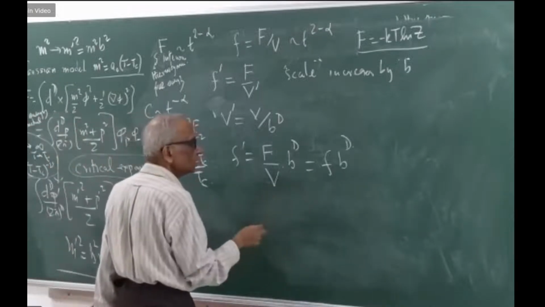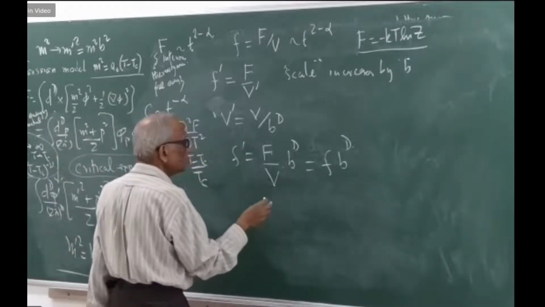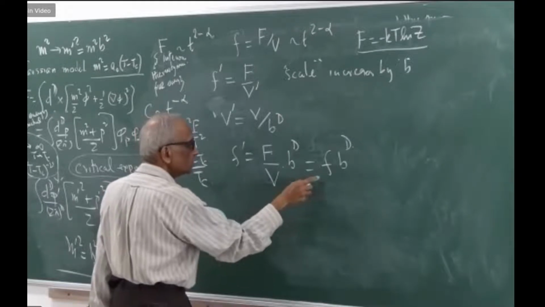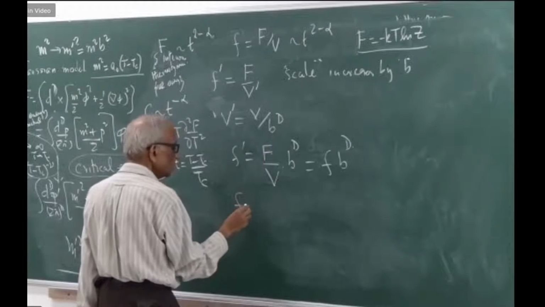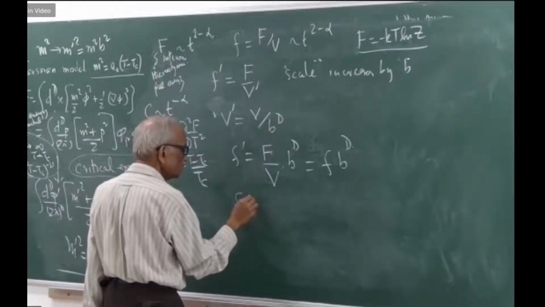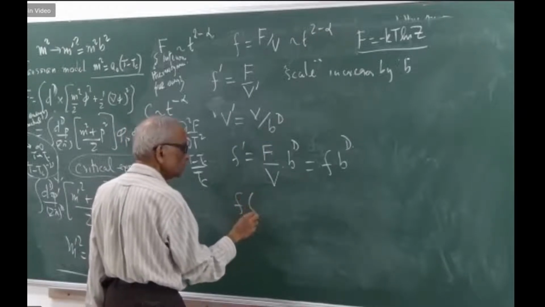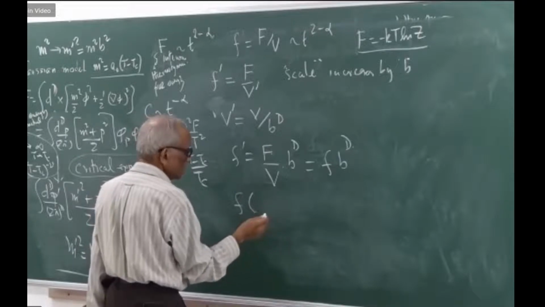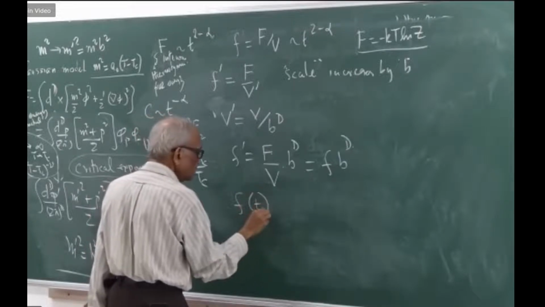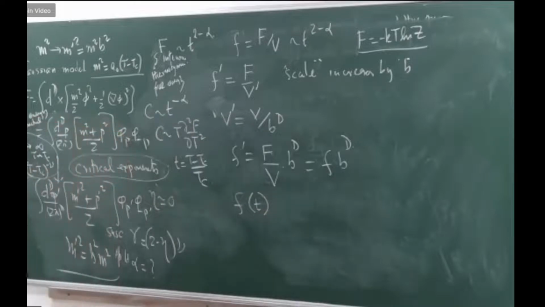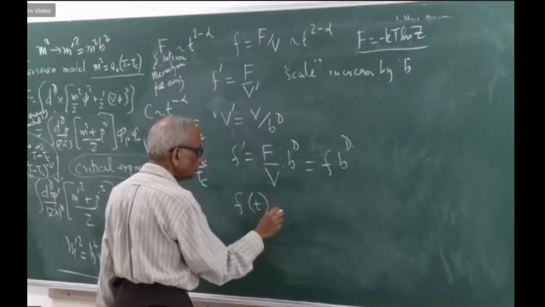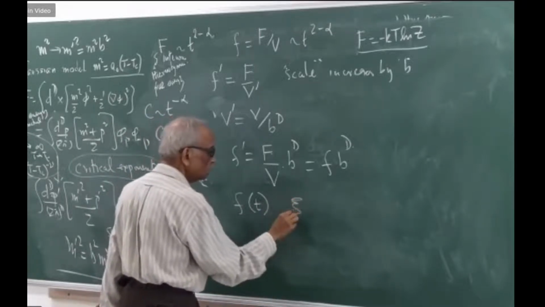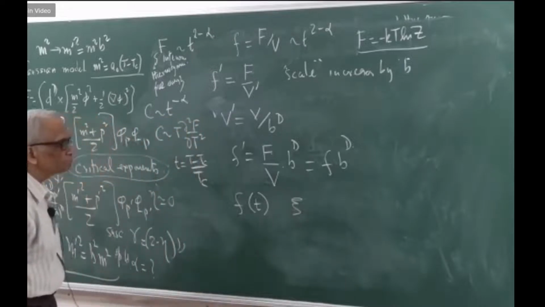So this free energy, which we started out with, let's say that the free energy that I start out with is at a temperature T, which corresponds to a correlation length which is xi.